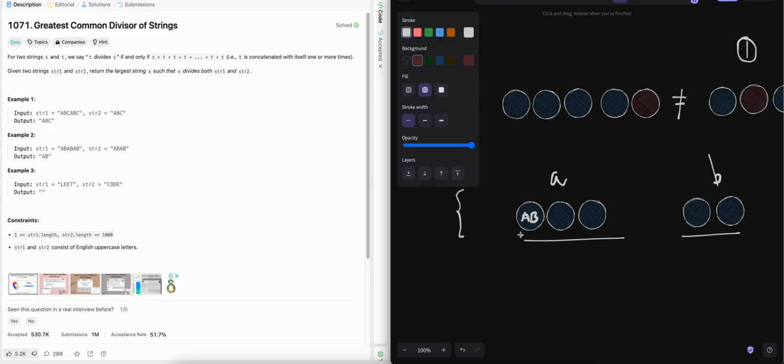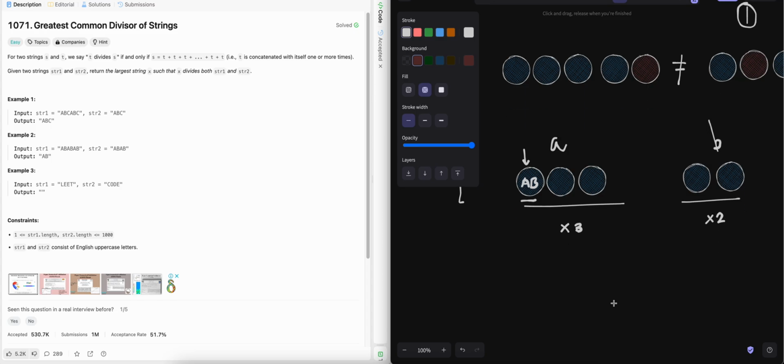But we know there is some smallest building block present in both A and B, and it's been repeated multiple times. If you see here, this blue block is repeated three times, and here that blue block is repeated two times.